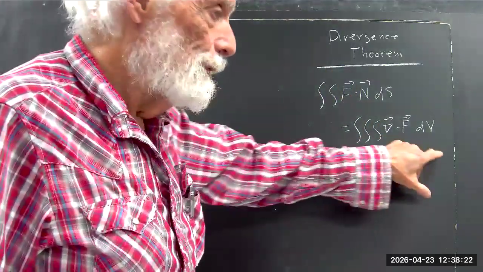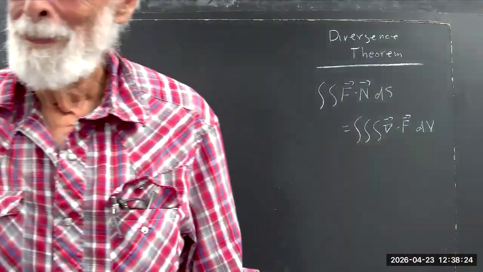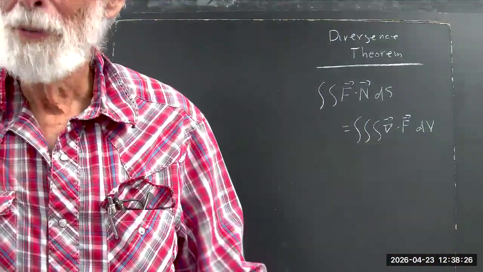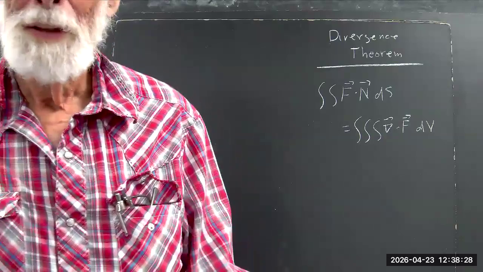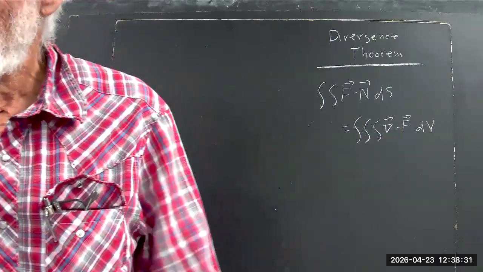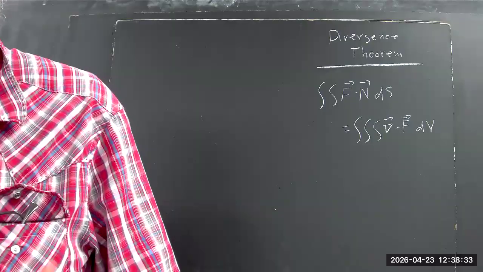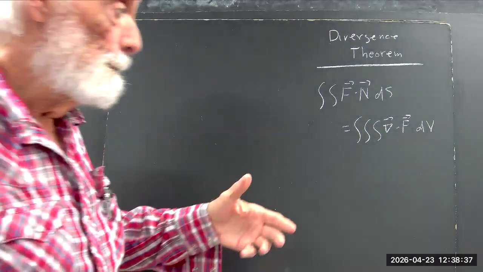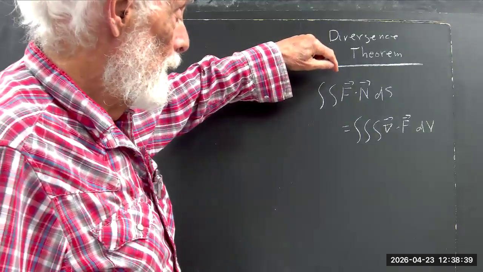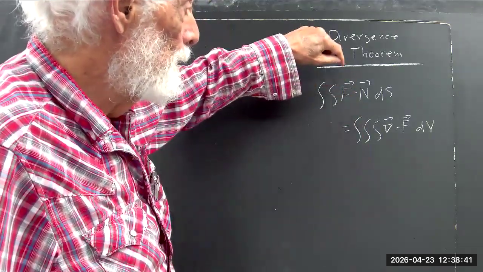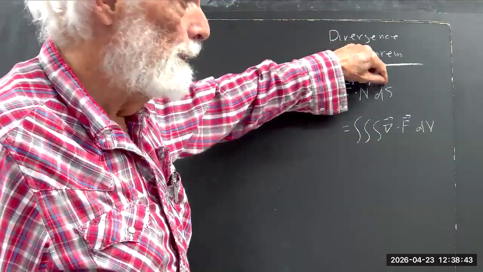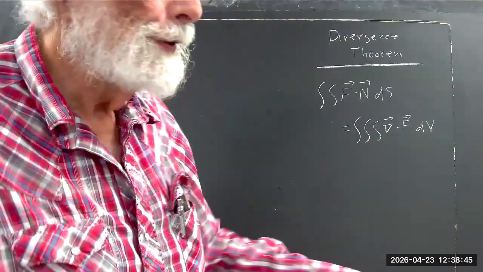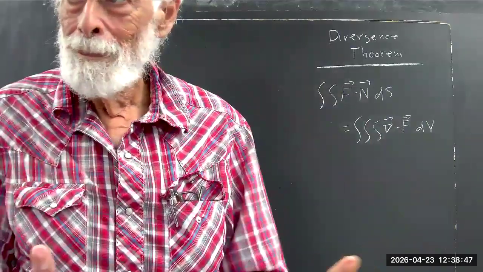The challenge is setting up the volume integral, and we'll try to address some of those issues next week. Keep working at being able to describe these regions. In any case, that's equal to the integral of F dot n over the surface that bounds that volume.